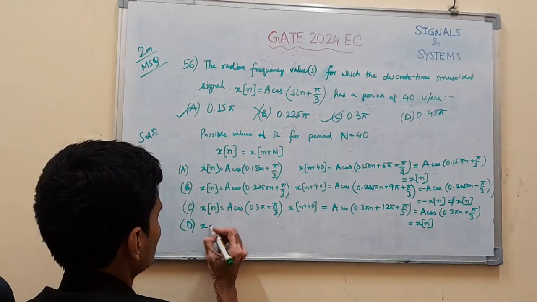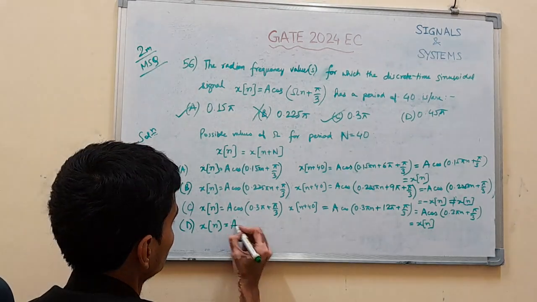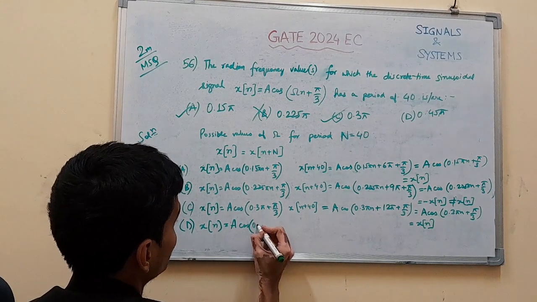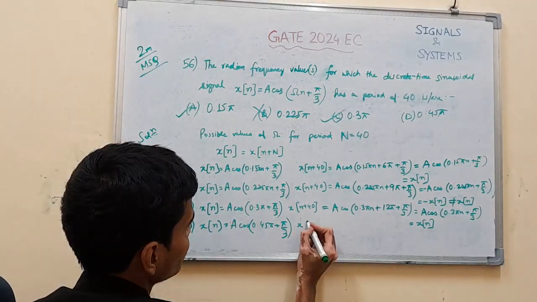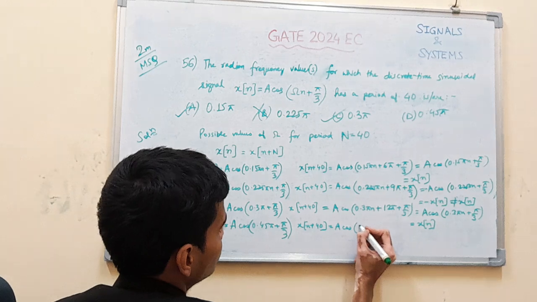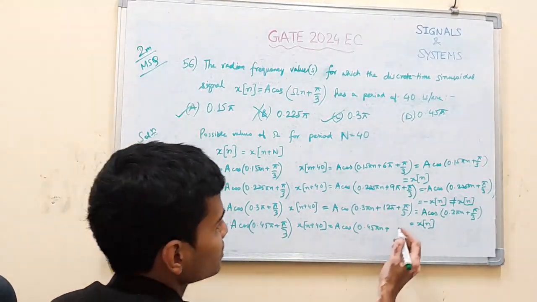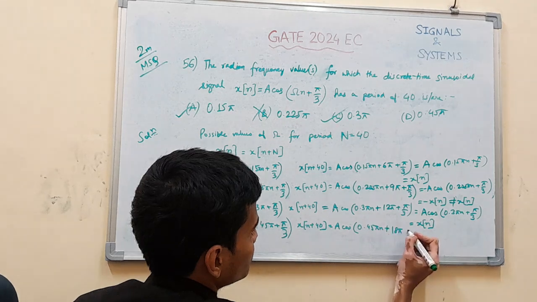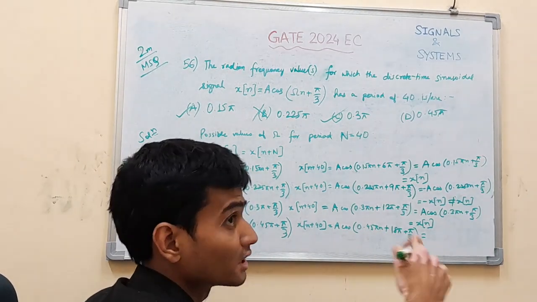Let's take the last option, which is option D. It will be A cos of 0.45 pi n plus pi by 3. x of n plus 40 will again be A cos of 0.45 pi n plus 0.45 pi into 40, which means 18 pi plus pi by 3. 18 pi is again an even multiple of pi.